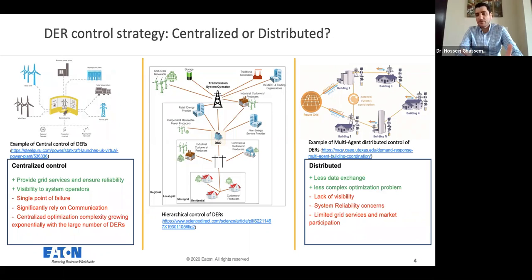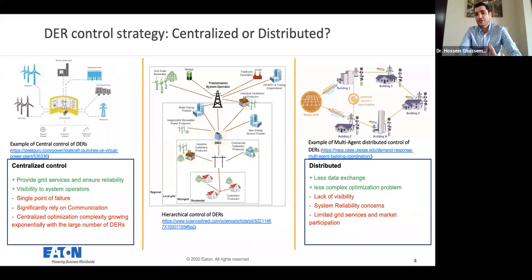A smart system for me is a system that has intelligence at each and every level of the hierarchy, from the device controller to the home controller to the centralized controller in a virtual power plant or distributed management system, and all the way up to the market and market operation. That is the important part.